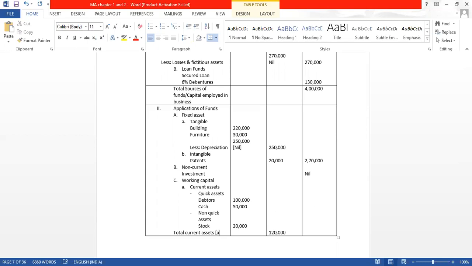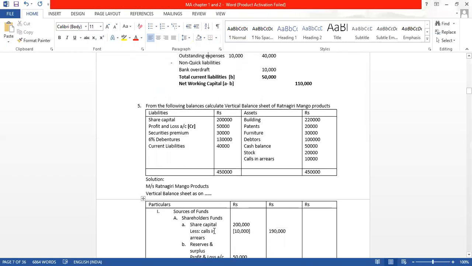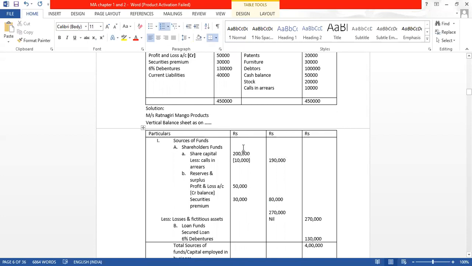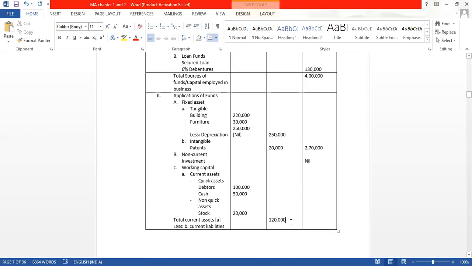And from this we less B, that is current liabilities. So how much is current liabilities? Together they have given 40,000. So directly we will write 40,000 in brackets because current liability has to be reduced. So 1,20,000 minus 40 is how much? 80,000.